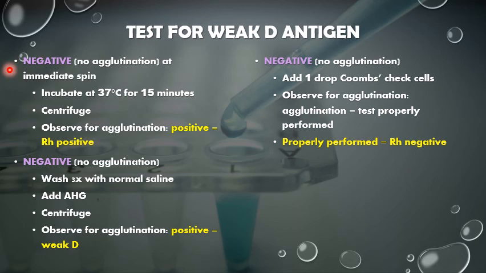So, if there is still no agglutination, add 1 drop of Coombs check cells. Check cells are RBCs that are coated with IgG. These cells are used to check if you performed the weak D test properly. Then, observe for agglutination.